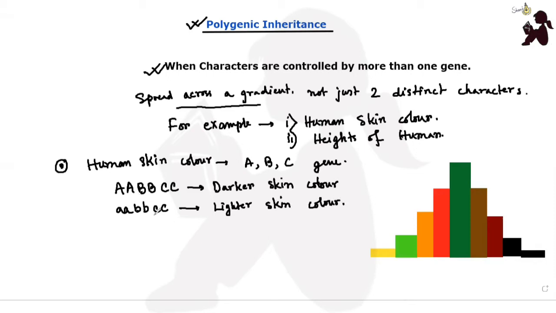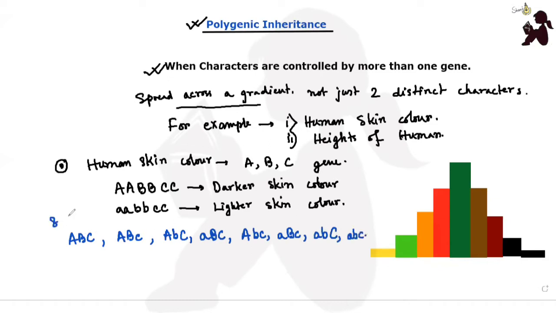This kind of cross will produce 8 gametes, such as capital A, capital B, capital C; then capital A, capital B, small c; then capital A, small b, capital C; small a, capital B, capital C; capital A, small b, small c; then small a, capital B, small c; and small a, small b, capital C; lastly small a, small b, small c.